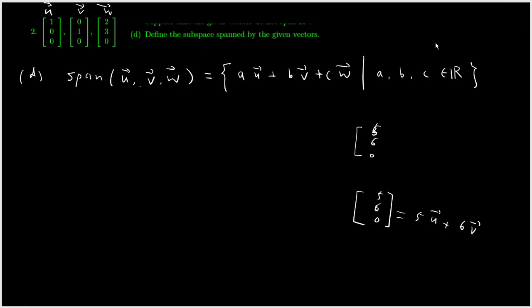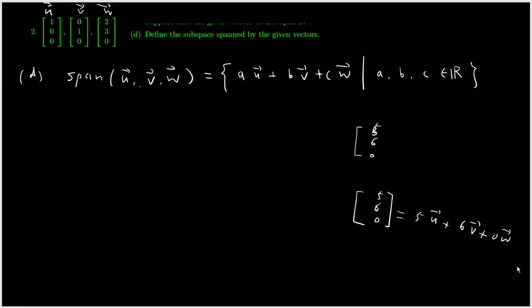You look at u, v, and w in the question. And probably 0 times w. So that vector is a linear combination of u, v, and w. That's why that vector is in the spanning set. The spanning set consists of all the linear combinations of u, v, and w. So that makes sense now?